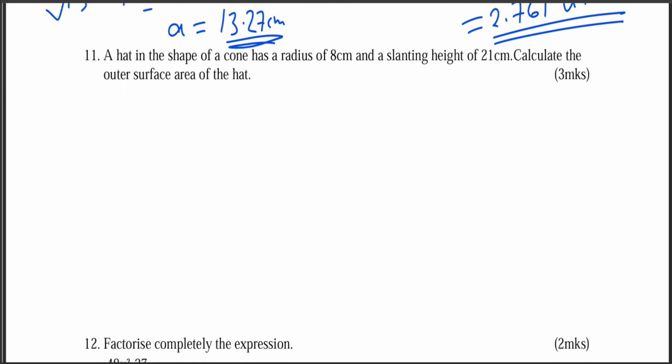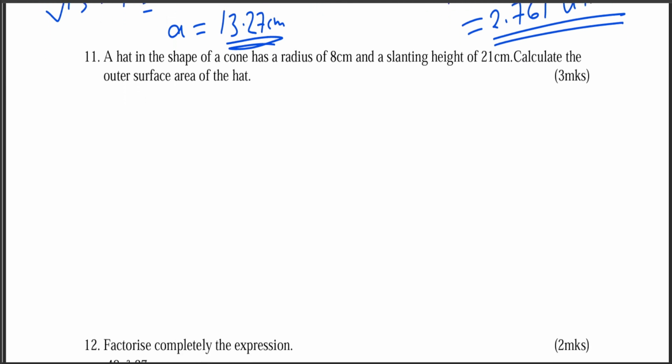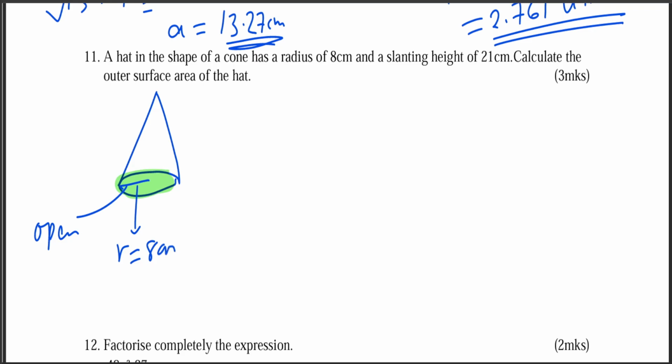Question 11. A hat in the shape of a cone, which is also another tricky question kwa sababu a hat usually hapa chini iko open, so haufai kucalculate hii ya chini. Sawa. Has a radius of 8 centimeter and a slant height of, from here to here is a slant height of, which is L, 21 centimeter.